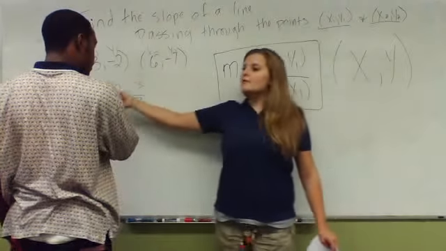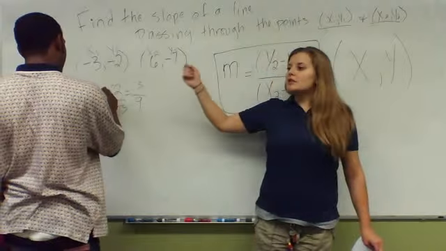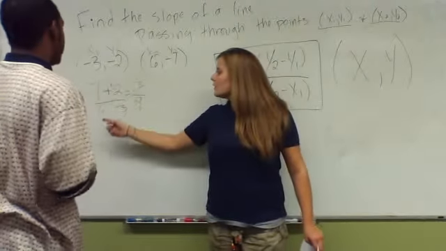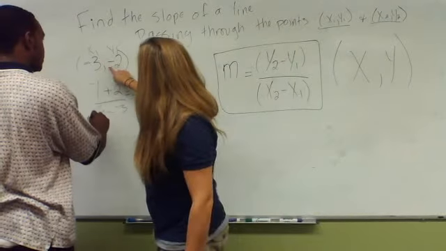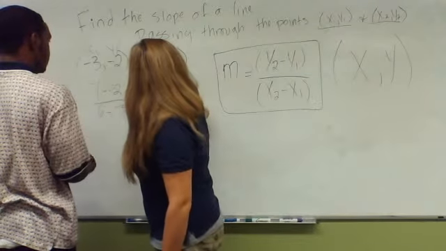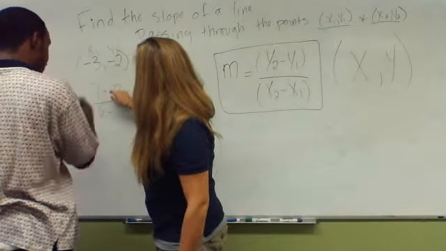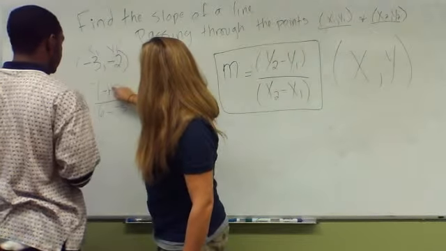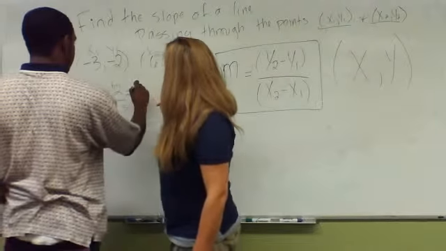He plugged in a negative 1 for his y2, subtracted 2, right, as his y1. And then I plugged in the negative 6. Down. Negative sign here. Now, plus I got the negative sign. I gotta get this plus. Negative 1 plus 2. Yep, there you go.